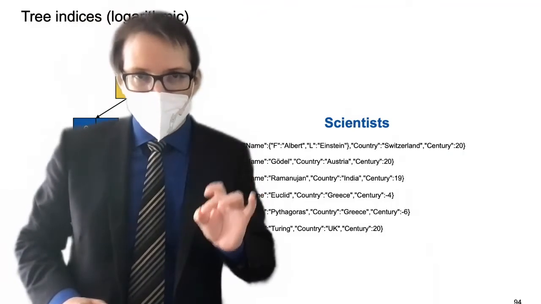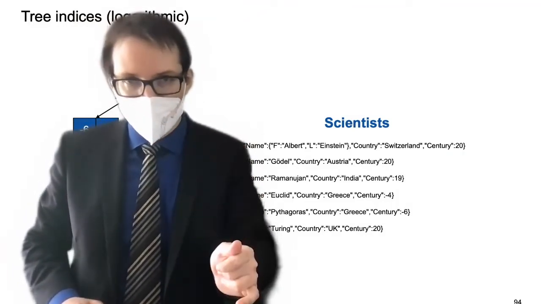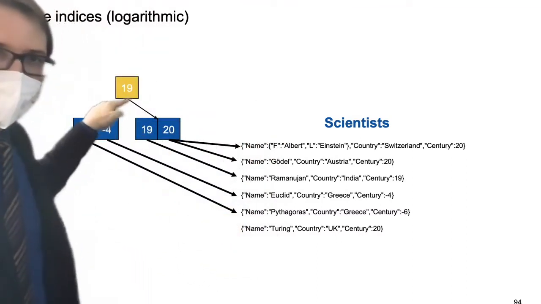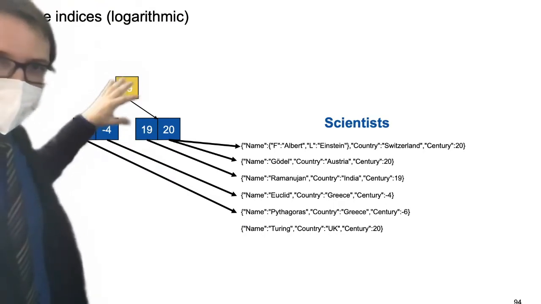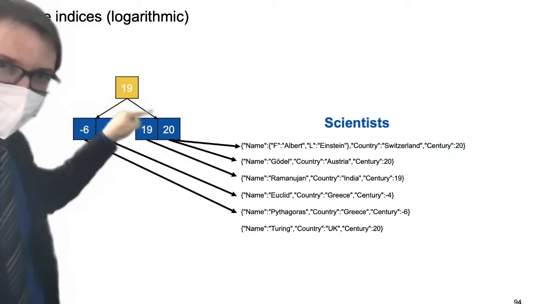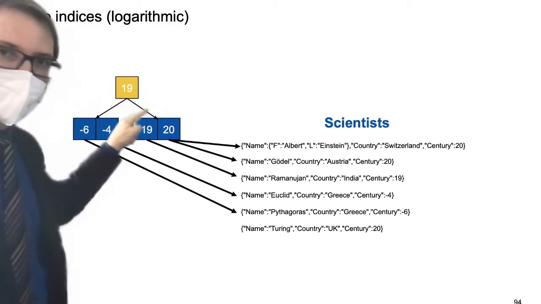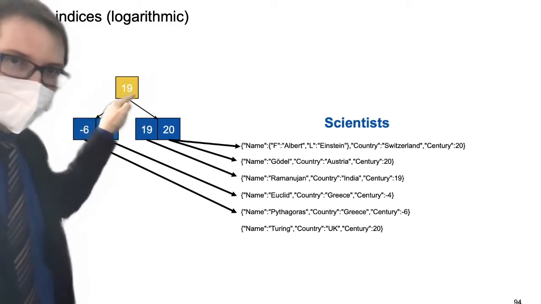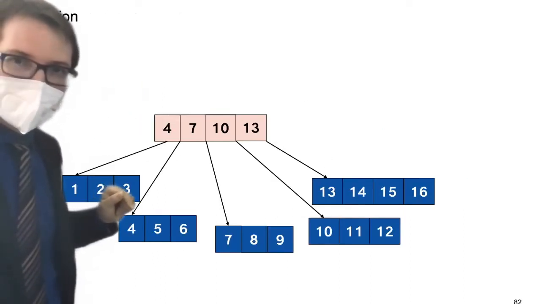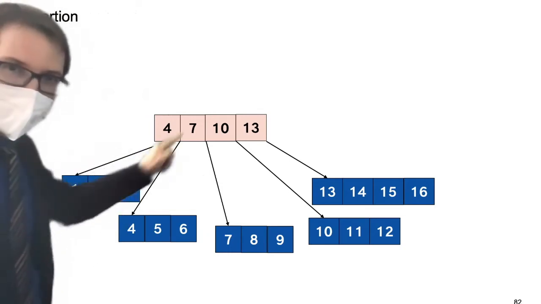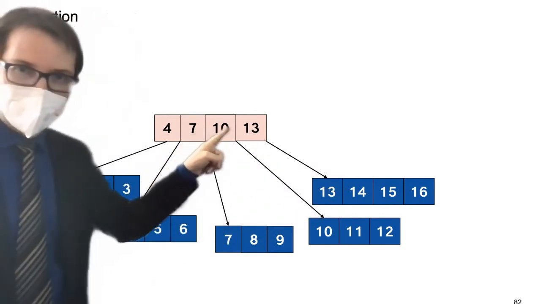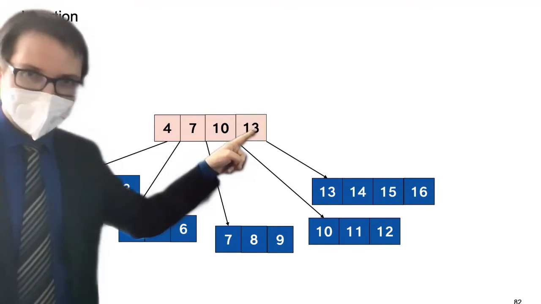What is very important is to distinguish between the notion of children and the notion of the keys in between. The idea is that here, for example, this node here has 2 children, this and this. These are 2 children, right? It's the arrows here that you see the children. And because we have 2 children, we have 1 key in the middle, right? So this is exactly what I showed earlier. Like here, you have 1, 2, 3, 4, 5 children. And that means 1, 2, 3, 4 values in between, right?